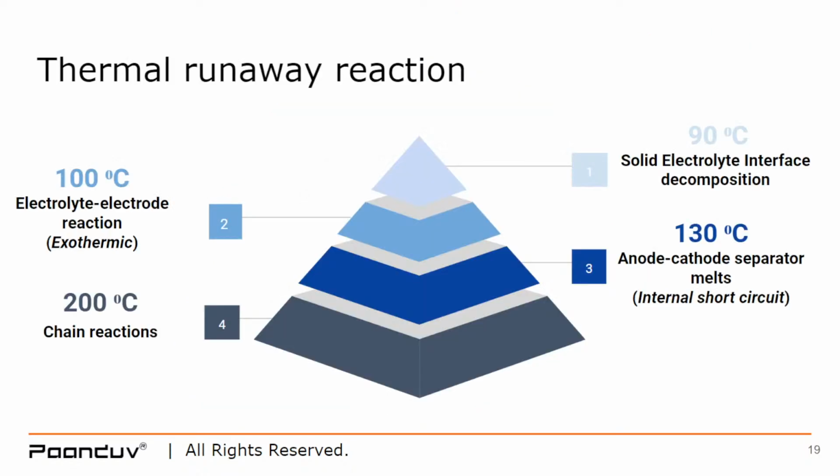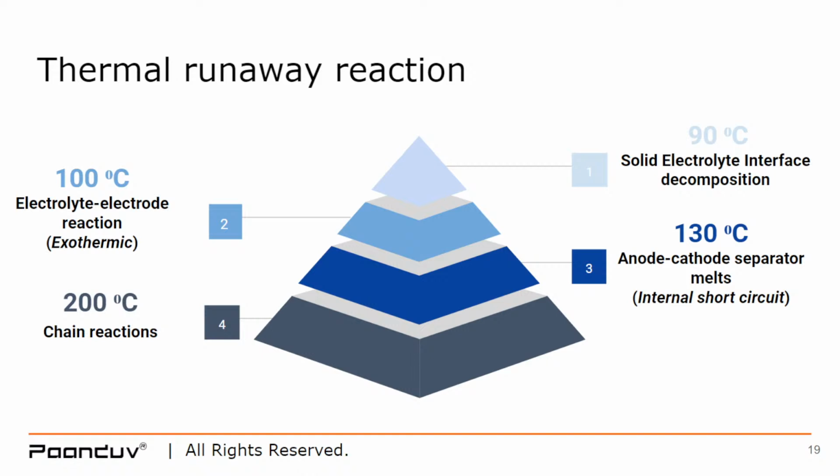Another important aspect as to why eventually a two-wheeler or a battery pack is set on fire is a term called thermal runaway reaction. Batteries perform best at room temperature, and there is some leeway there; they can operate up to 45 degrees Celsius as well.